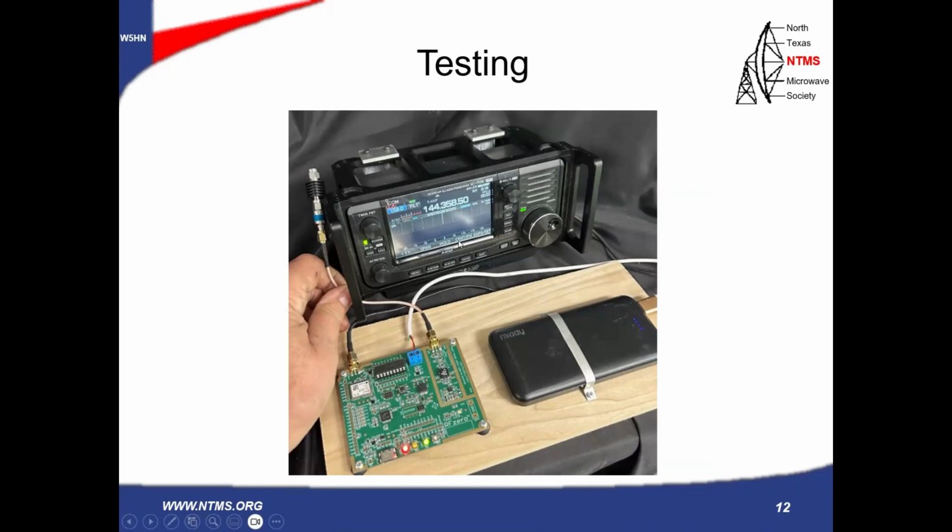This is an ICOM 705 set for the frequency that I programmed into the RF0. You see me holding. I had some trouble trying to figure out how to make this signal as weak as I could. And I've got an attenuator and a 2-watt load and a 50 ohm load on the end.